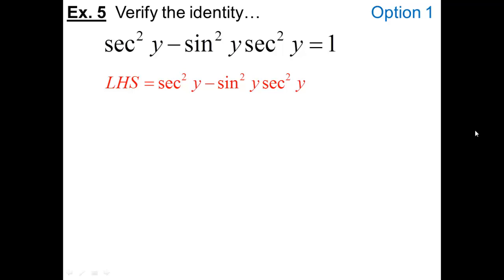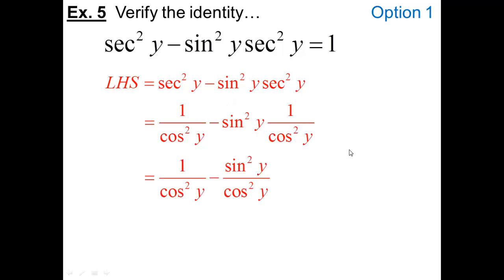Now, most likely, when I present this to students first, the first thing most people think of is let's just convert everything to sines and cosines. For example, secant is 1 over cosine. This secant is also 1 over cosine, and this sine is already sine, no need to change it. So most students will convert the secants to 1 over cosine. Now, over here, we've got sine squared times 1 over cosine squared, which is the same thing as sine squared over cosine squared.